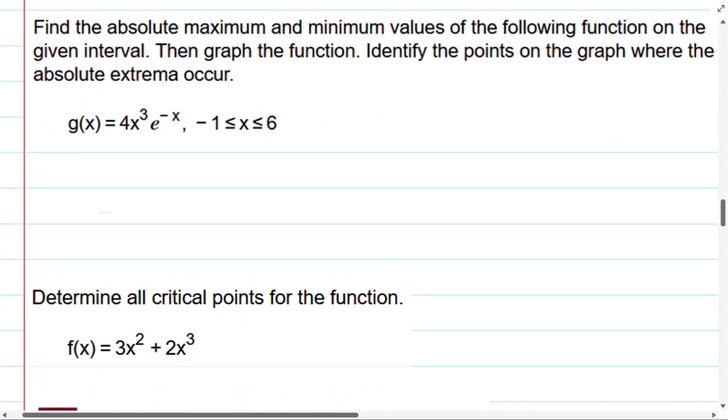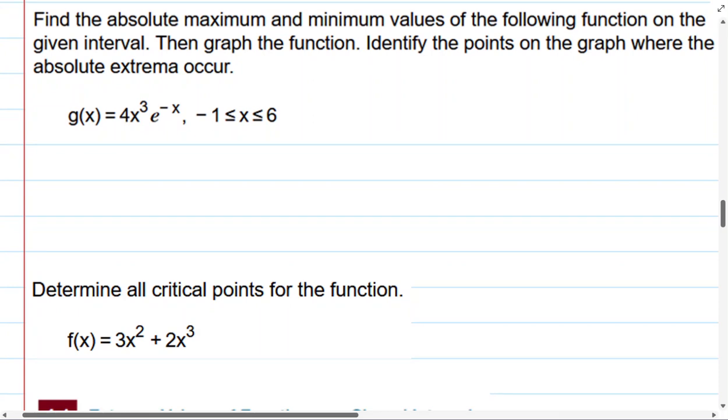Okay, now here we have a mess because we have e, which is an irrational base, on top of an exponential, on top of a polynomial product. Normal, ugly structure is what we have.